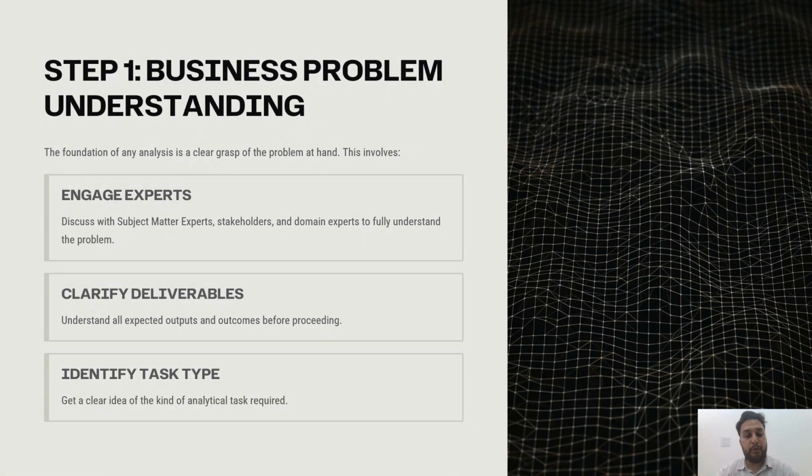Like in the last example of ABC Food Company, we understood that they have an issue with a decrease in the number of customers, and second, they want a new product which they want to be a success, right? So before analyzing any sales data, the analyst first understands exactly what the company wants to investigate. That is what we do in understanding the business problem.